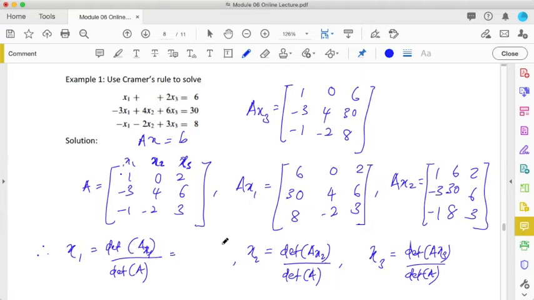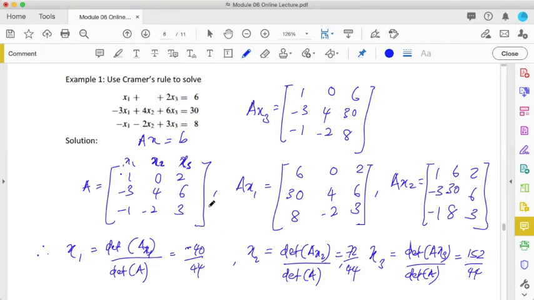For x1, you will get negative 40 divided by 44. If you want to simplify, you can also simplify. For x2, you will get 72 divided by 44. And for x3, you will get 152 divided by 44.